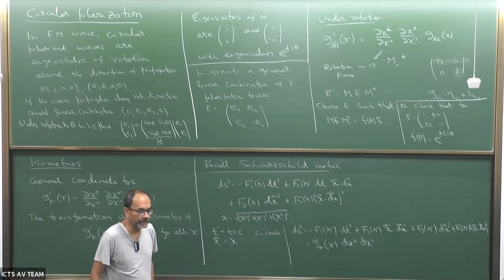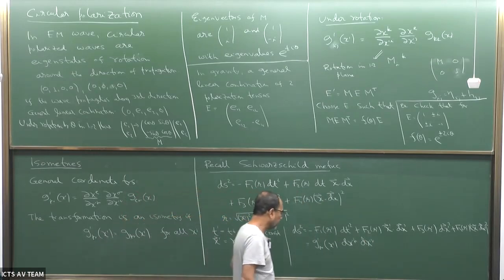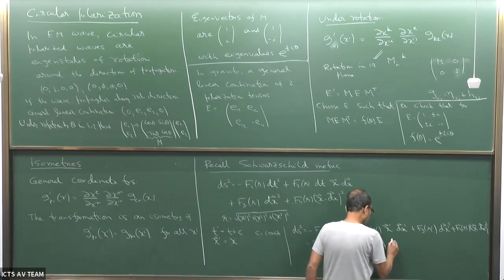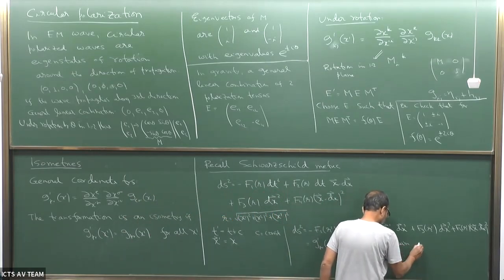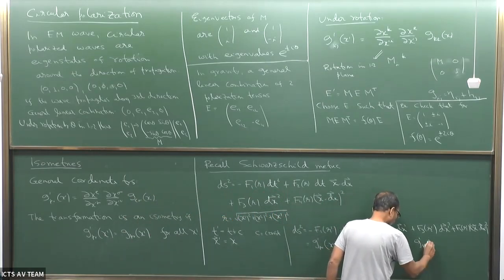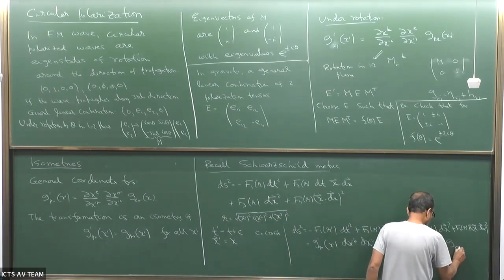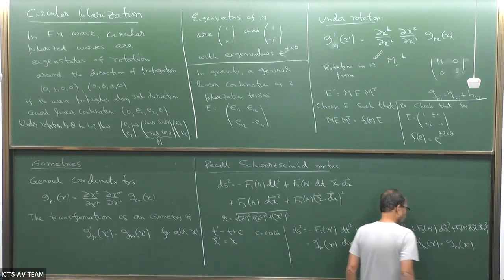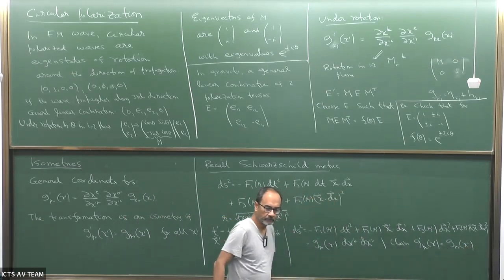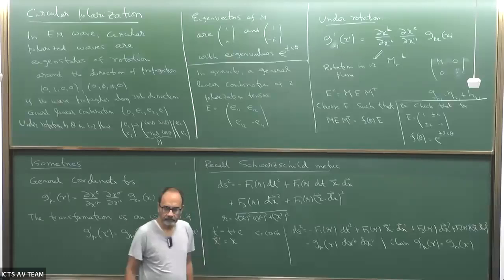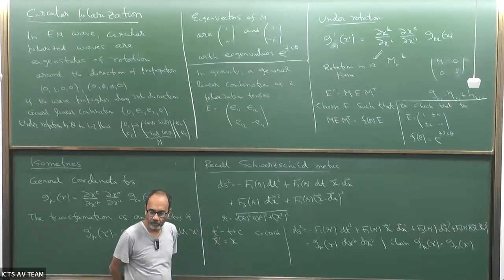From this you can read out what g prime mu nu is. And so the claim is g prime mu nu of x prime is equal to g mu nu of x prime. Is it true?